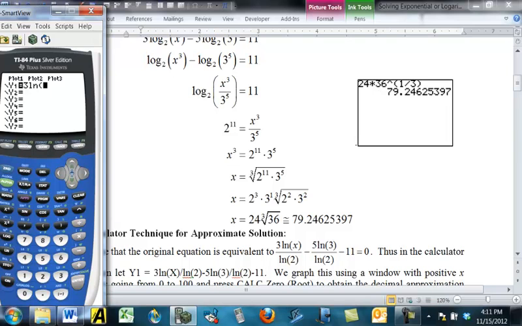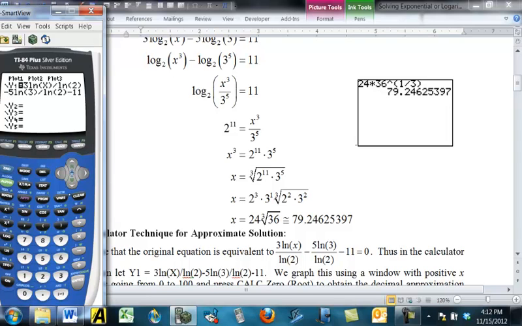3 ln of x divided by ln of 2 minus 5 ln of 3, make sure we close all the parentheses, divided by ln of 2, and then minus 11.